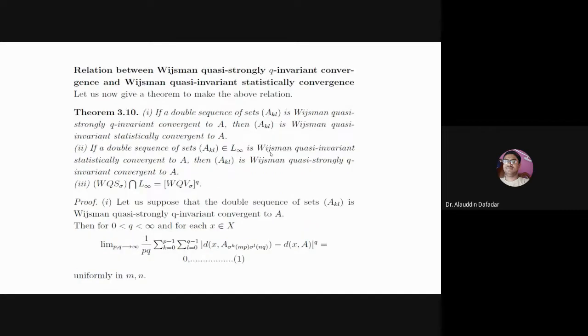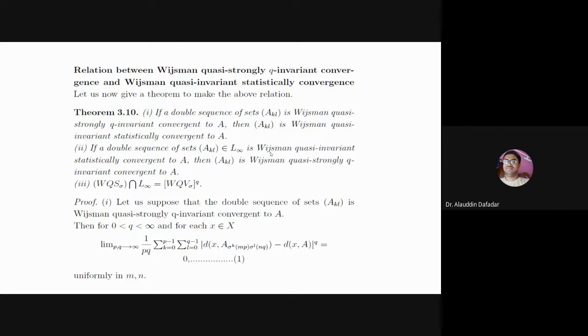Now we make a relation between Wijsman quasi strongly invariant convergence and Wijsman quasi-invariant statistical convergence. If a double sequence of sets A_kl is Wijsman quasi strongly q-invariant convergent to A, then the sequence is Wijsman quasi-invariant statistically convergent to A, and the converse is also true.